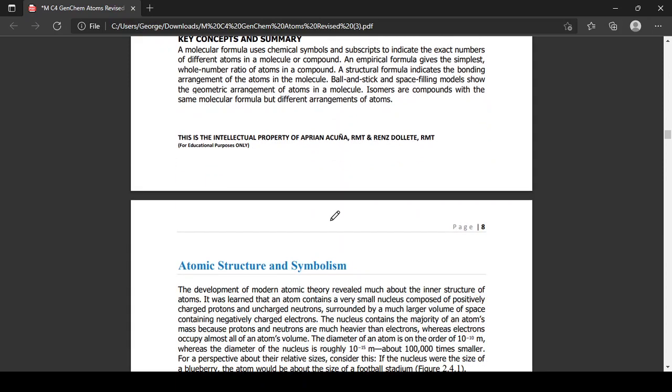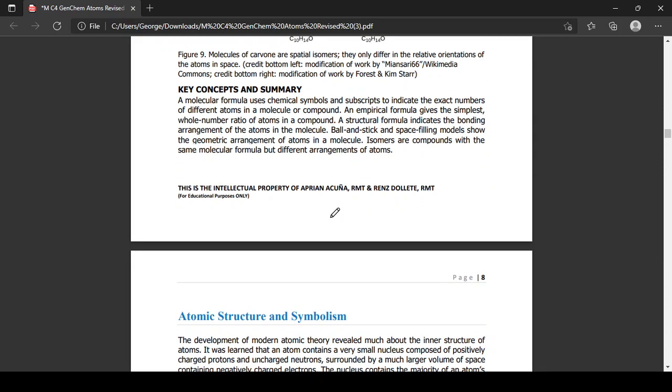So the key concepts and summary: a molecular formula uses chemical symbols and subscripts to indicate the exact numbers of different atoms in a molecule or compound. An empirical formula gives the simplest whole number ratio of atoms in a compound. A structural formula, kids, indicates the bonding arrangement of the atoms in the molecule.